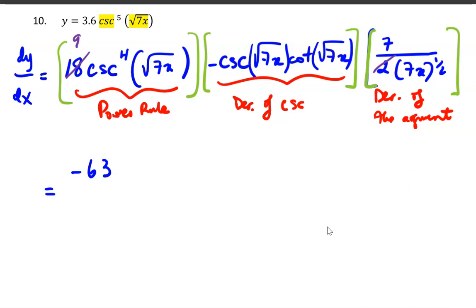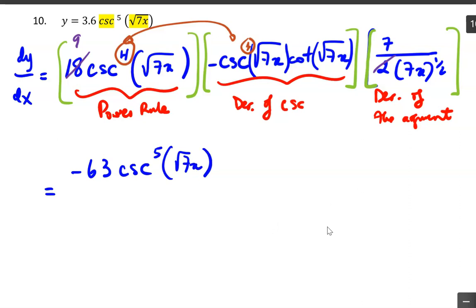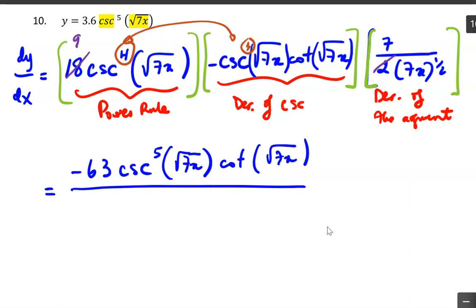So this 2 here and this 1 here, you should combine them. So that will make it cosecant to the exponent 5 of the argument. And then multiply by cotangent of square root of 7x. The whole thing divided by 7x, all of it raised to exponent a half.